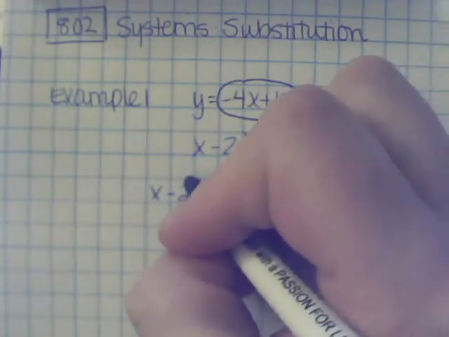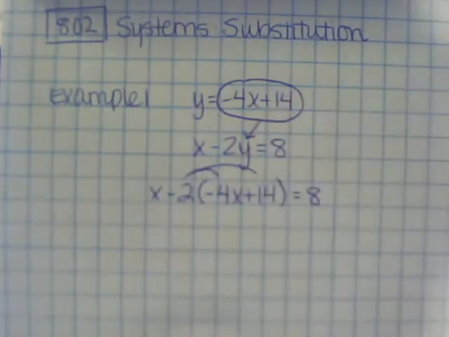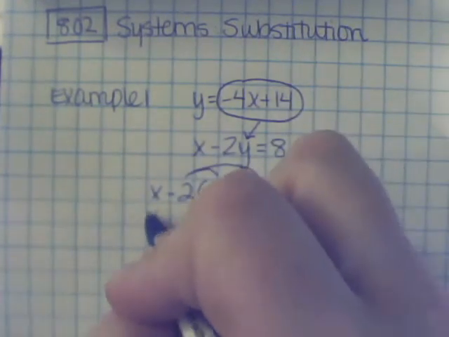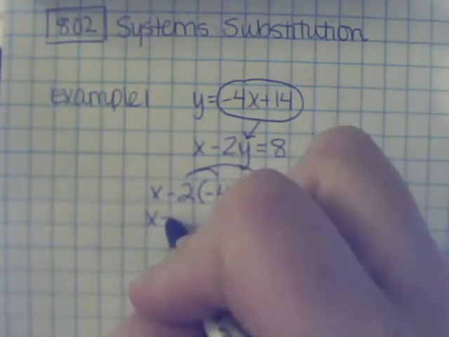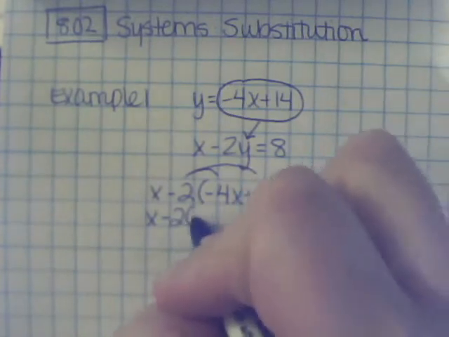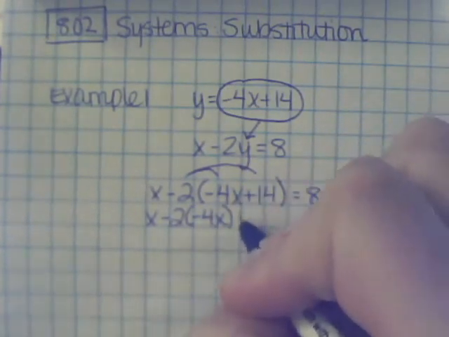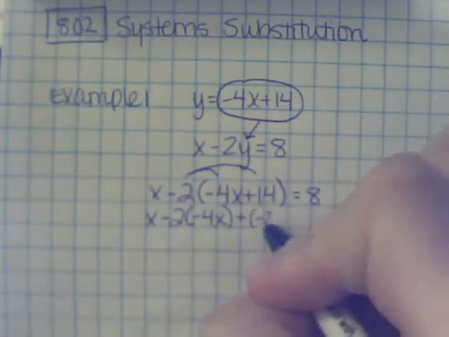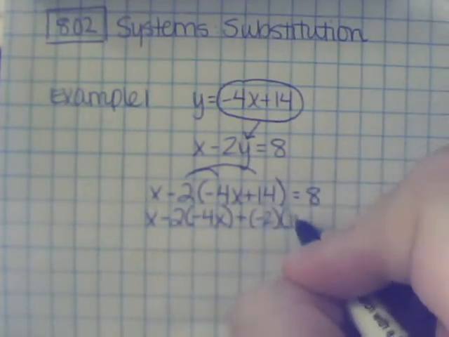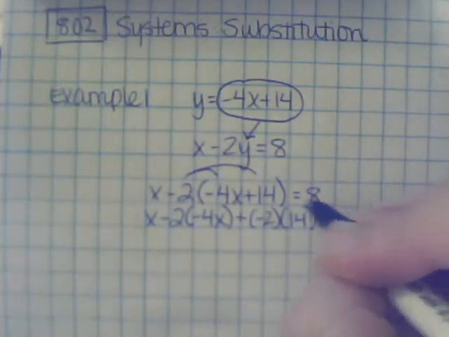So I start by distributing the 2. That's my first step. So I'm going to copy down x minus 2 parenthesis negative 4, because I need to do negative 2 times negative 4, plus negative 2 times the 14. Copies down, equals 8.